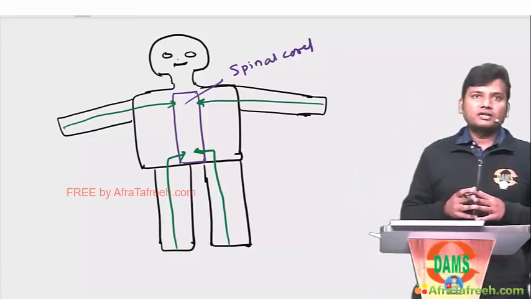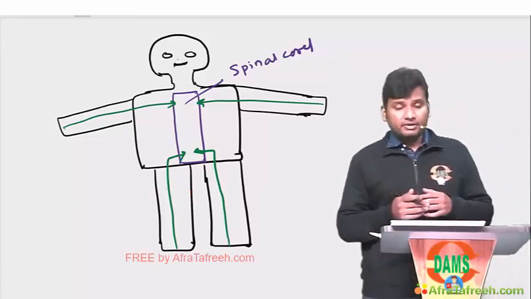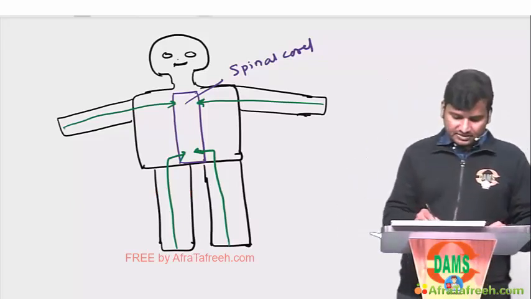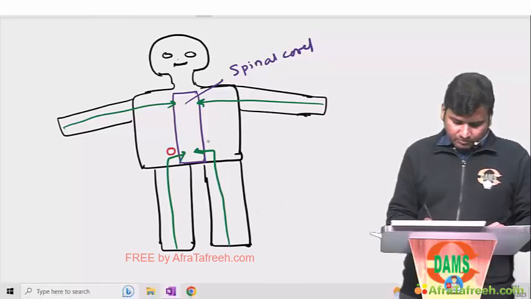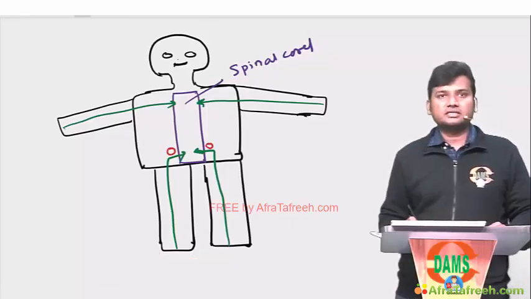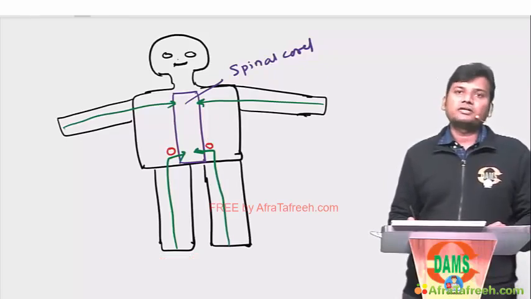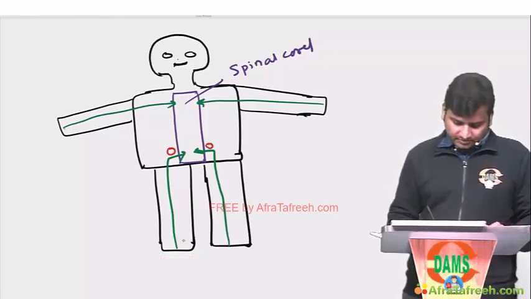Now I will compare the diameter of the blood vessel. If I see the diameter of the blood vessel which is supplying the proximal part of the sensory nerve, then I will compare this diameter with the distal part of the same sensory nerve.